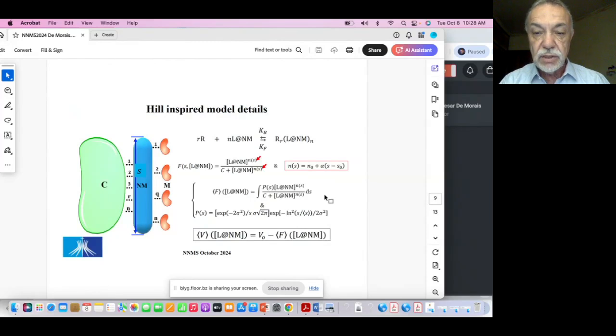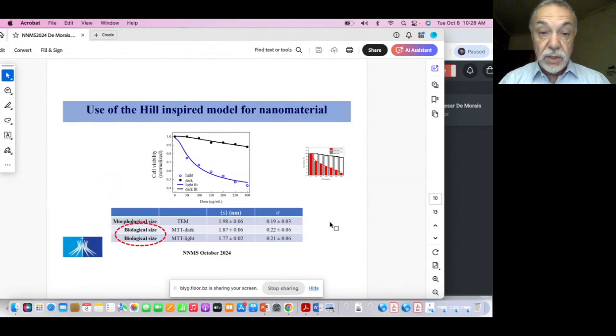And then I did the fitting using this expression, which includes the nanomorphology of the material. You have the mean size of the nanomaterial, and you have the size dispersion. So the mean size is the mean of X, S, and the size dispersity is sigma here.